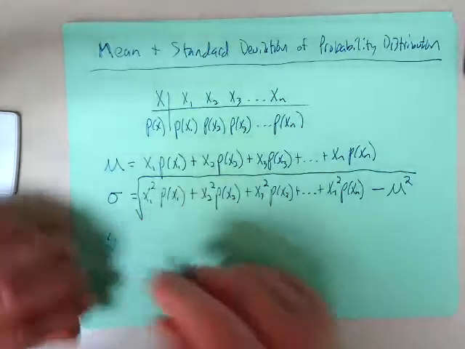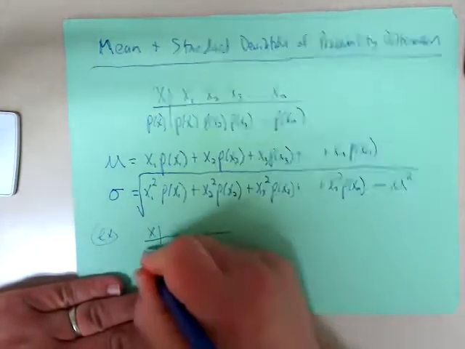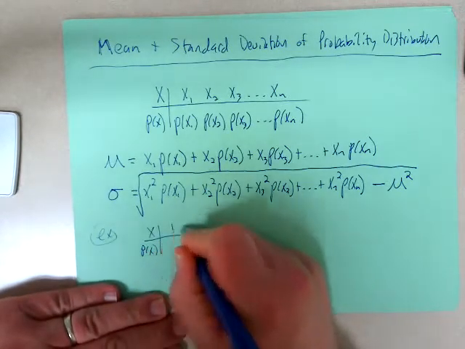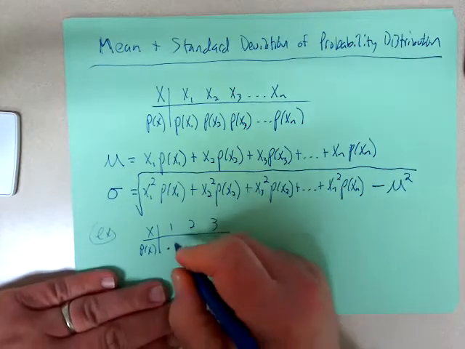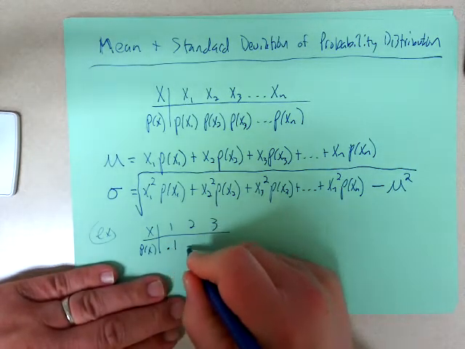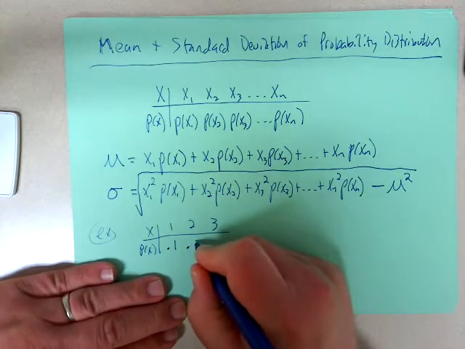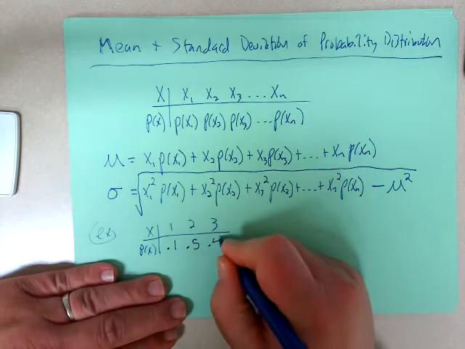So now let me show you with a very, very simple example. I'm just going to have three values, 1, 2, and 3, with probabilities 0.1, 0.5, and 0.4.